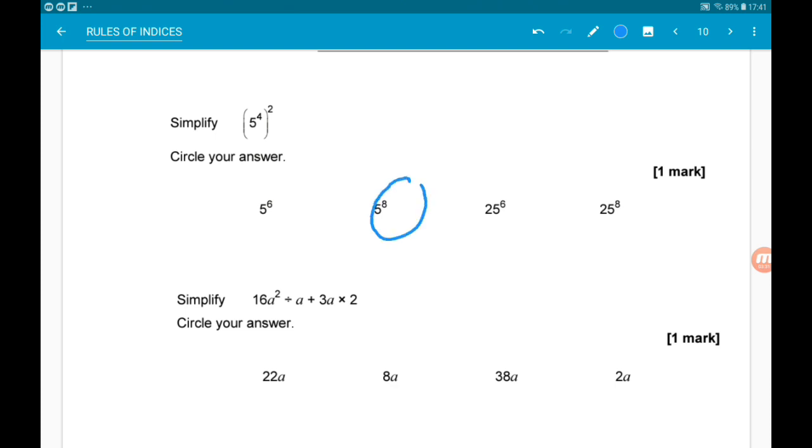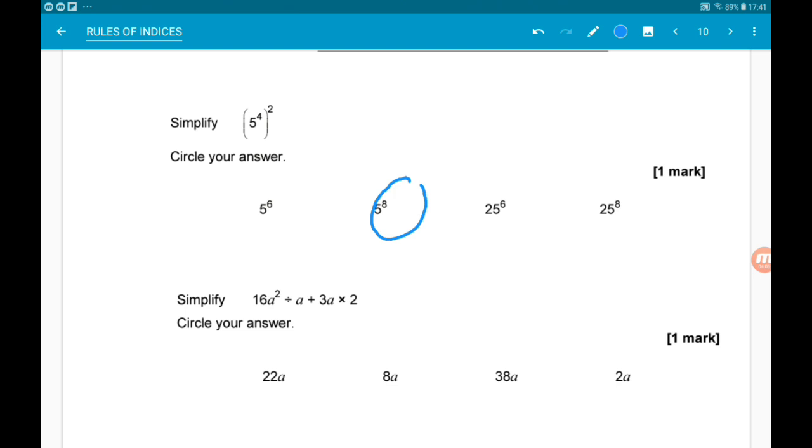Next up, we want to simplify 16a squared divided by a, add 3a times 2. Okay, bit messy again. So division and multiplication happen at the same time. Luckily, they are separated by that plus in the middle.